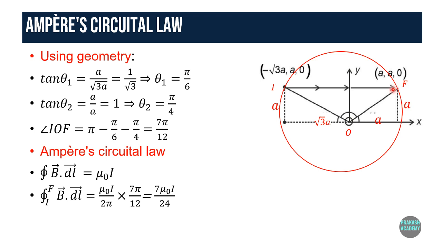The only thing is, there will be a negative sign, but in the question we only have to give the magnitude. So, B dot dl due to this portion is the same as B dot dl due to this portion, and I know B dot dl due to this portion, that is this value. This means B dot dl due to this portion is also the same. So, that is basically 7 mu naught I by 24, and this was option A. So, option A is the correct option.